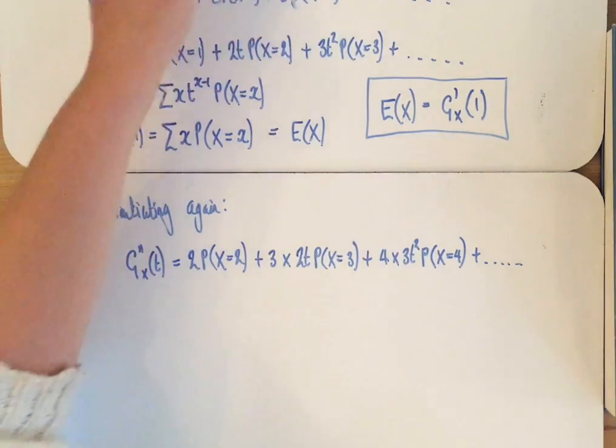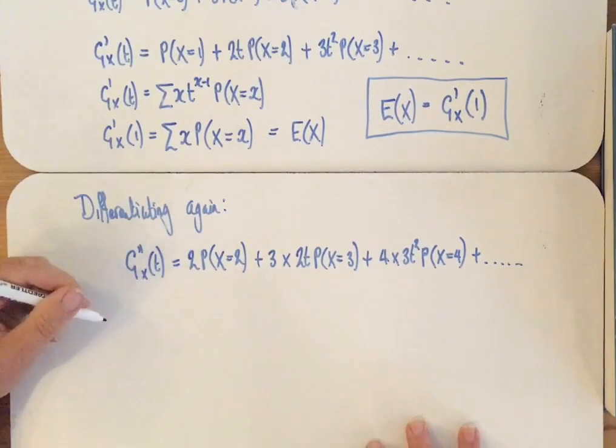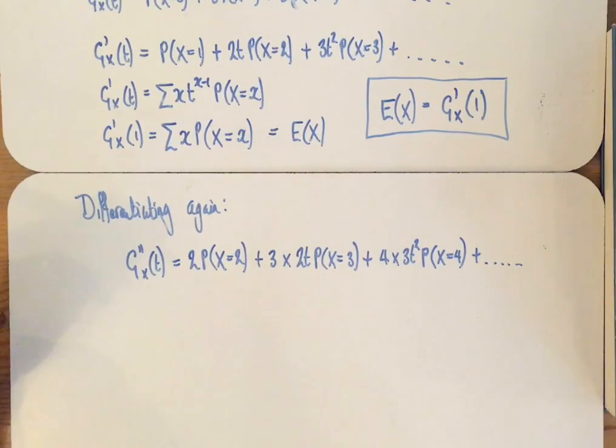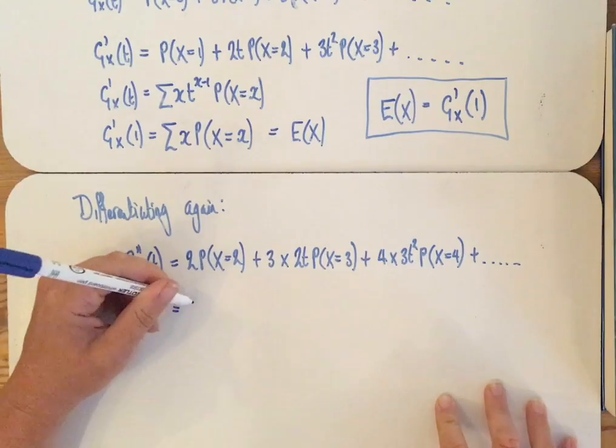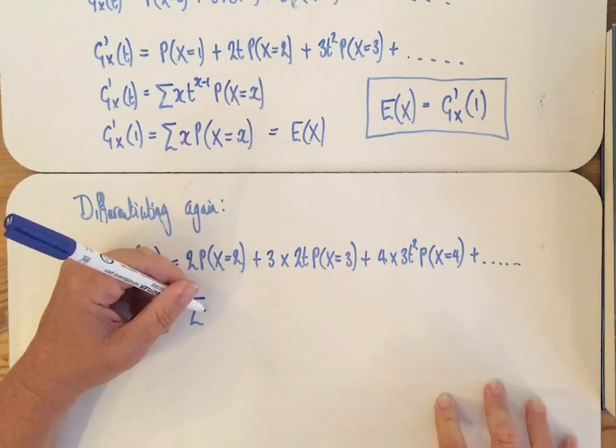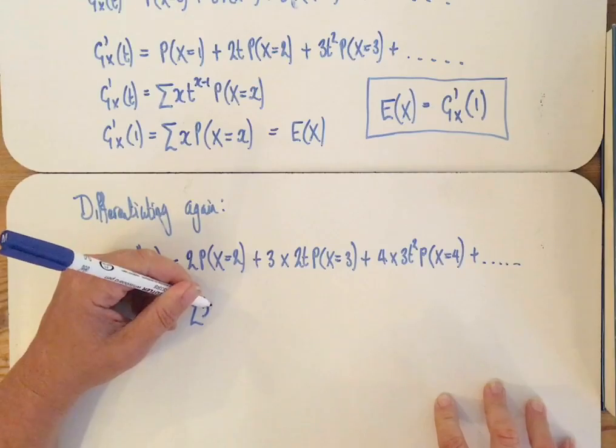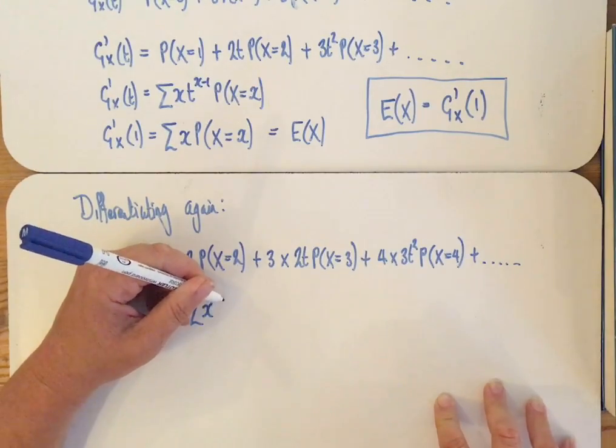So I'm just pulling out those constants to start with, and so that gives you the sum of x times x minus 1.